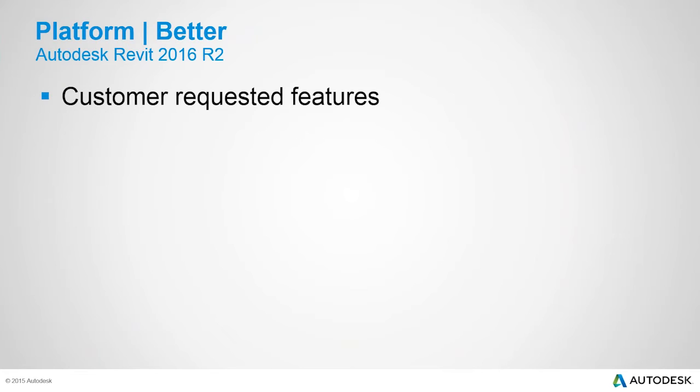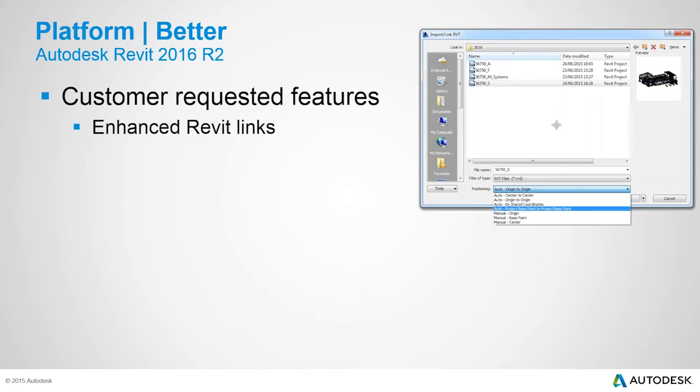Okay, so here are some of those customer requested features. Enhanced Revit links, a new positioning option, auto project base point to auto project base point, is available when inserting Revit links.